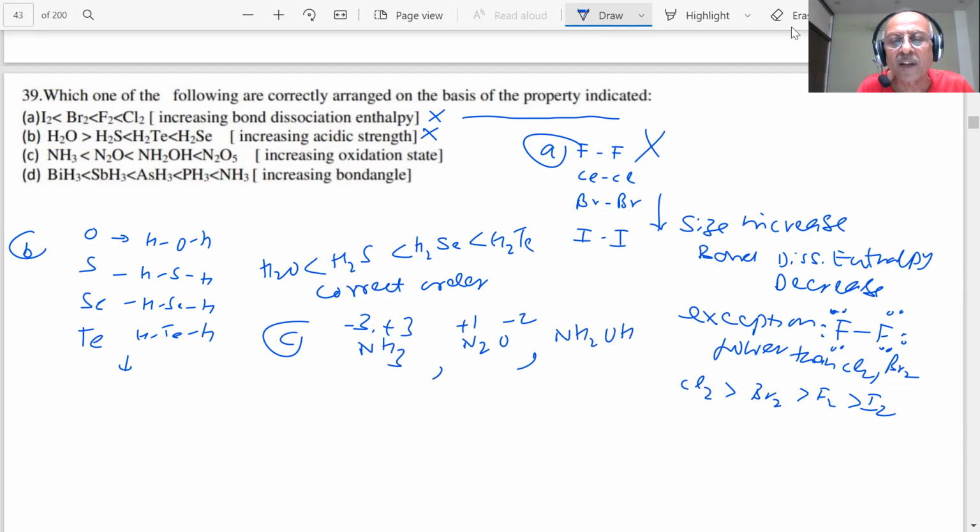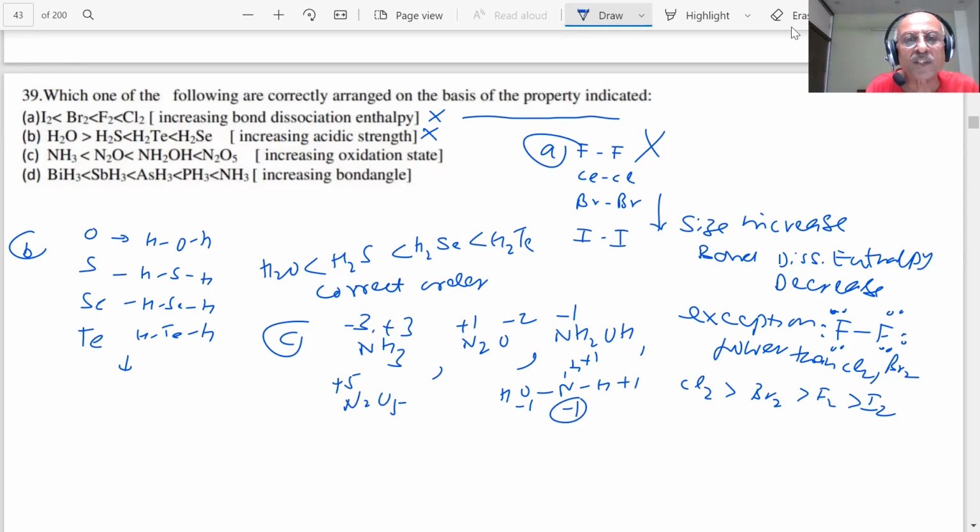NH2OH, what is the oxidation number here? Hydrogen is +1, oxygen is -2, so nitrogen is -1. And what about N2O5? Oxygen is -2 into 5, -10, then nitrogen is +5.